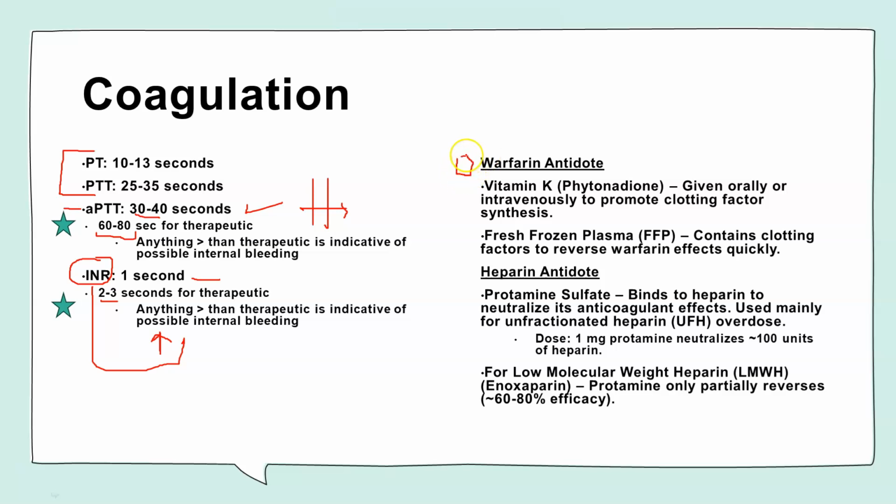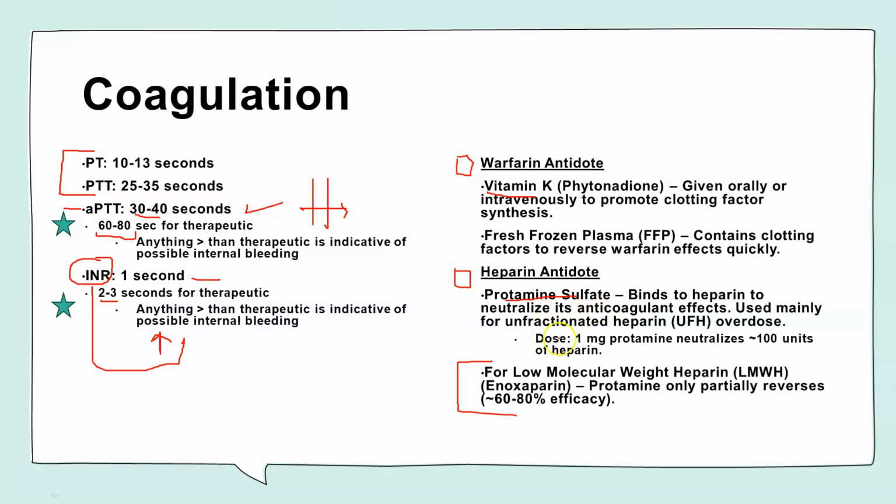I think we probably remember our antidote. So warfarin, it's just your vitamin K. We can also do FFPs because they contain clotting factors. For heparin's antidote, we're looking at protamine sulfate, and generally we're talking about unfractionated heparin, not a low molecular weight heparin, which we see down here.